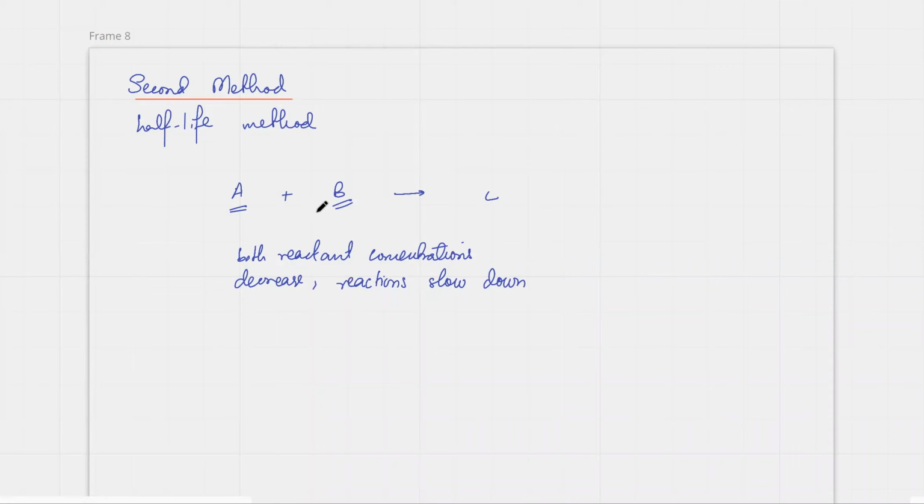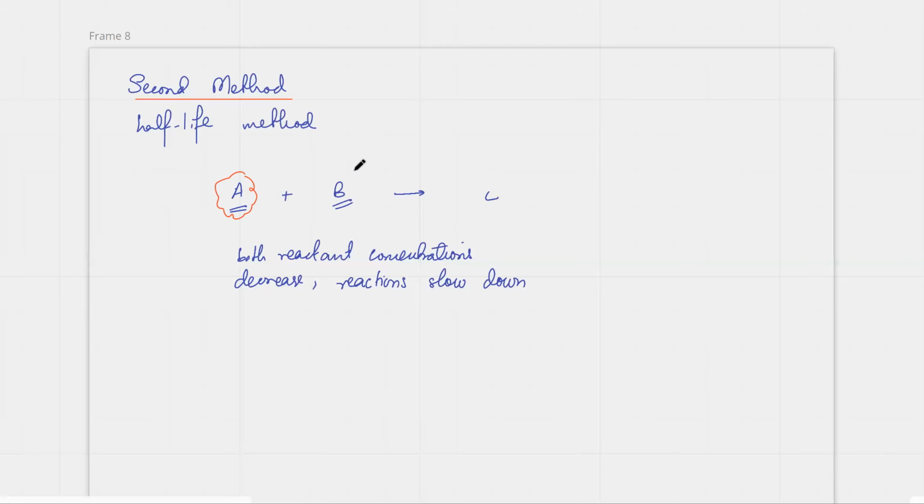So the first problem that you're going to face is that if I want to figure out the order with respect to A, then B would also be interfering with it. B's concentration is also changing, right? So somehow I need to see the effect of A independently. I want to see how the rate of the reaction changes if the concentration of A goes up or down.